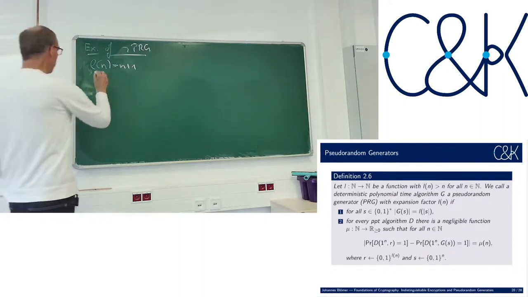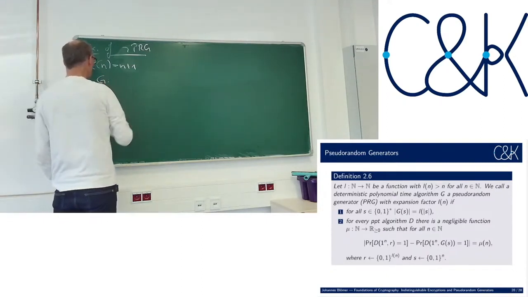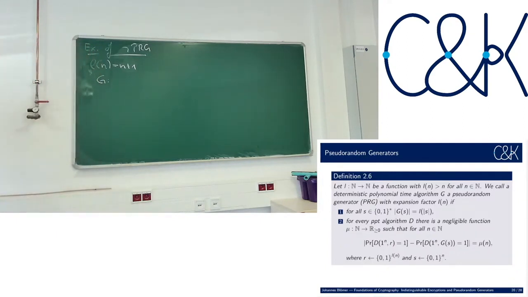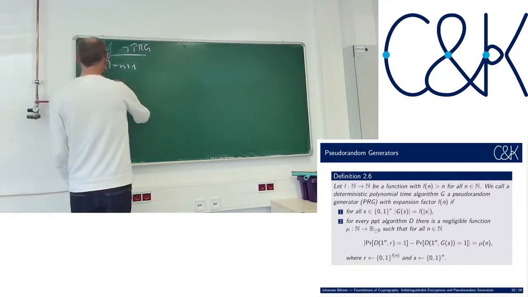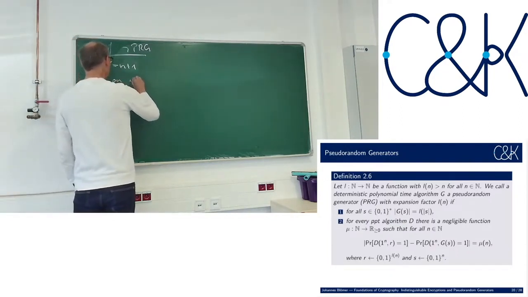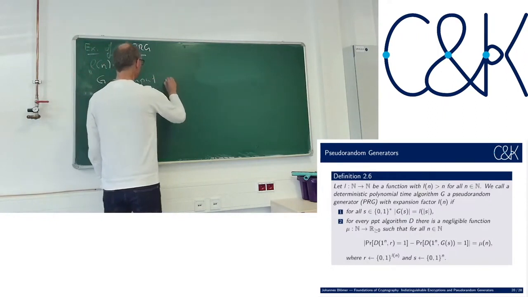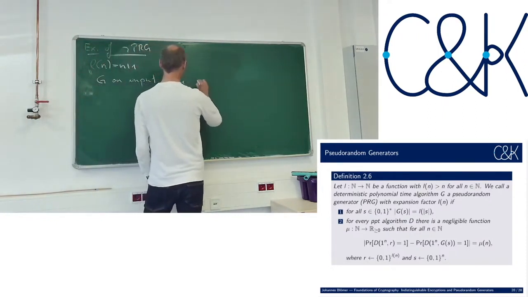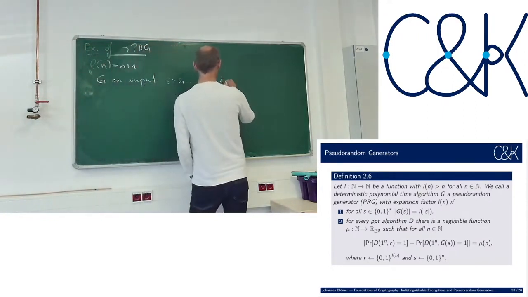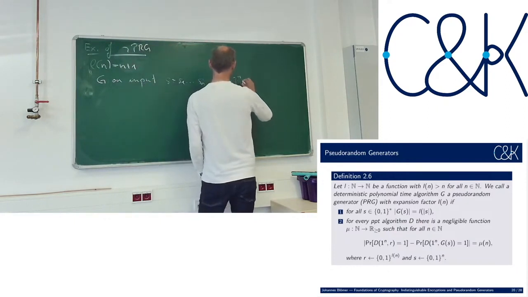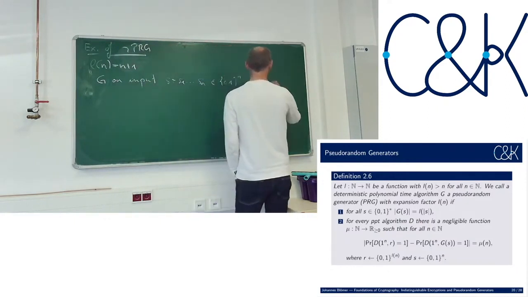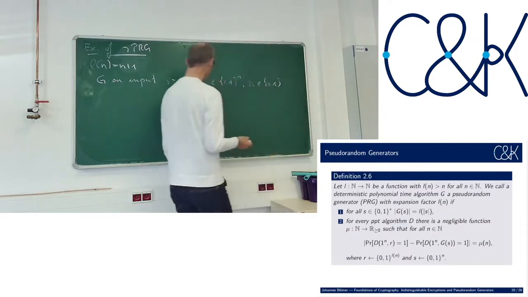So here is G. It's an algorithm. Actually, I'll define it as a deterministic algorithm, so that it doesn't use any internal randomness. It must be deterministic. G on input S, which is S1 up to Sn in 0, 1 to the n, where the Si are bits.